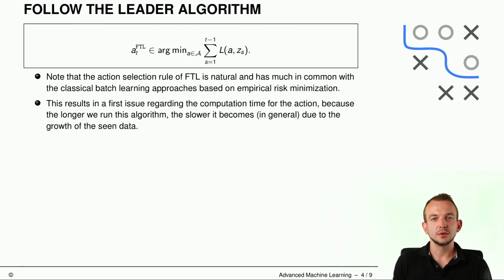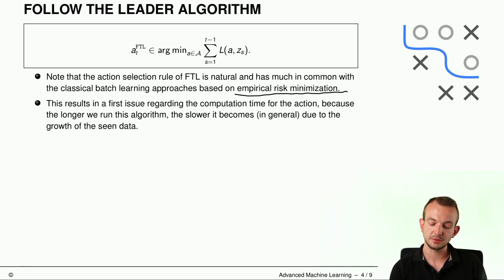And this is quite natural, especially if you look at the batch learning scenario where you do empirical risk minimization, because this is quite similar to what you do in empirical risk minimization.